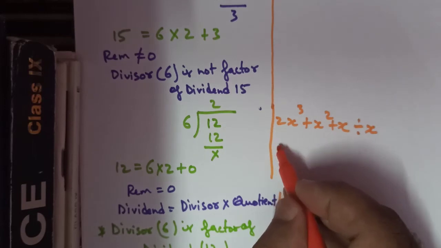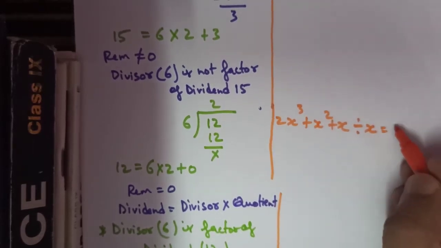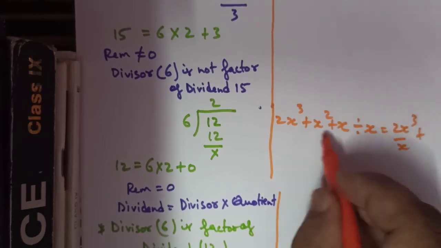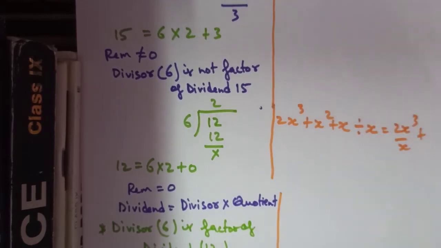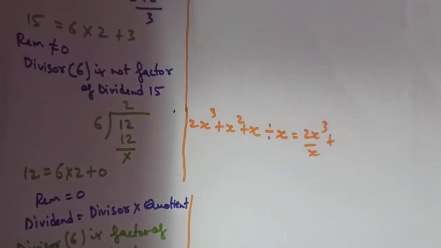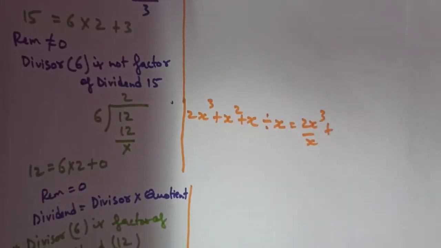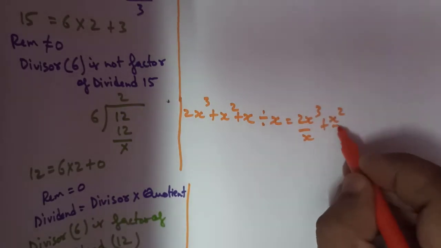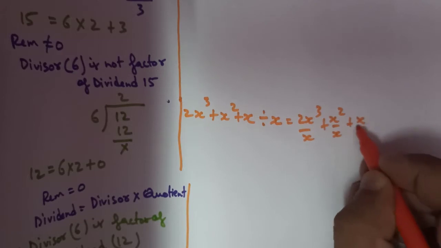It will be equal to 2x cube upon x. We will divide each term of the given polynomial by x. So we will get 2x cube upon x plus x square upon x plus x upon x.